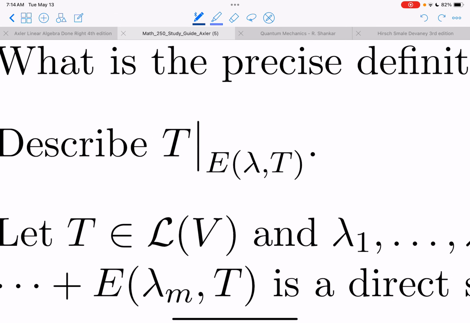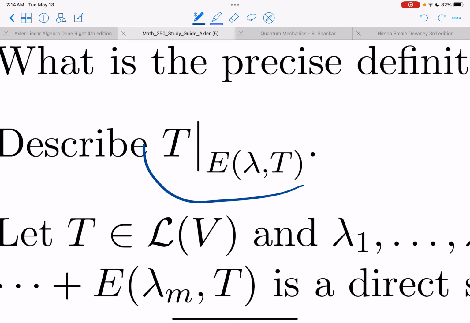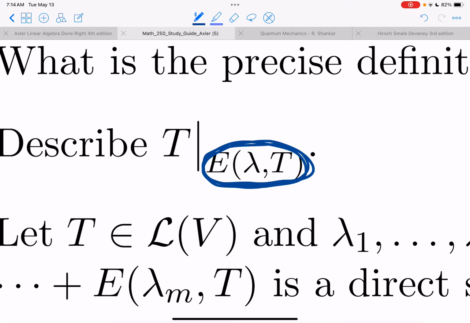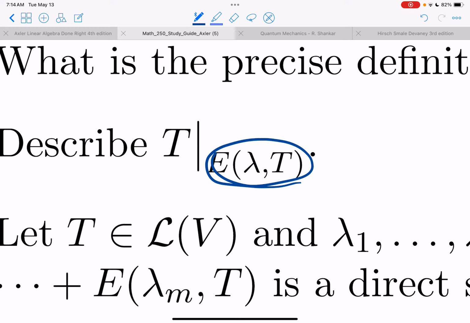Okay. Describe T restricted to the lambda eigenspace. Well, what does it mean to restrict? It means we only feed T elements of this subspace rather than feeding T elements of the whole vector space. And so if we only feed things in this subspace, then T on that thing will always be lambda v. Even if we feed T the 0 vector, that's still lambda times the 0 vector. So it just works. So T restricted to it, choose a basis of the subspace.